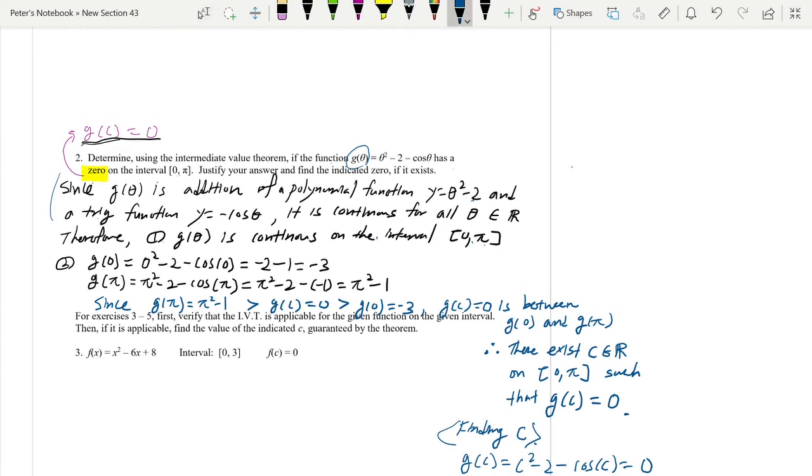So therefore, we know our g of theta has to be continuous everywhere.